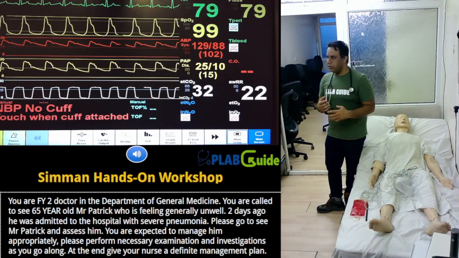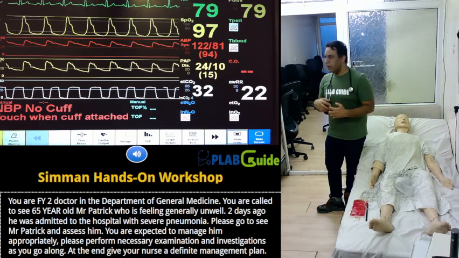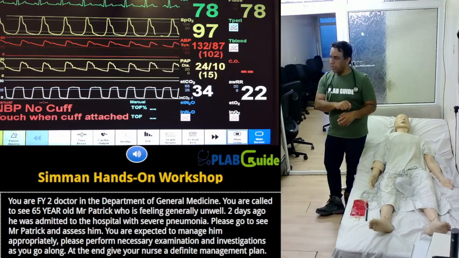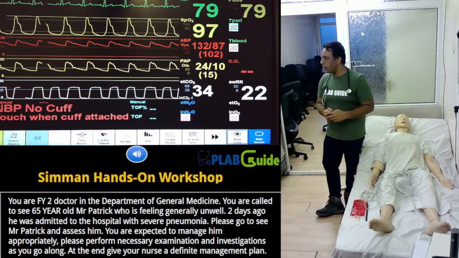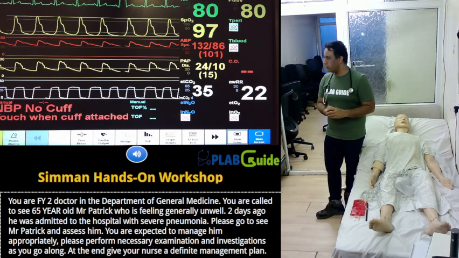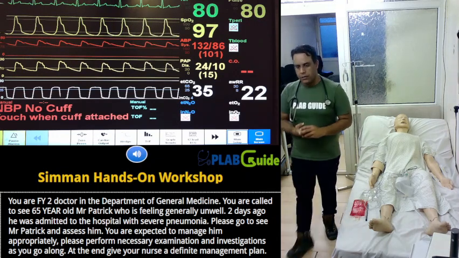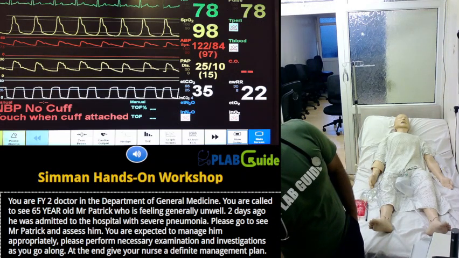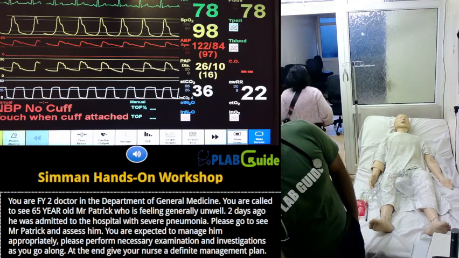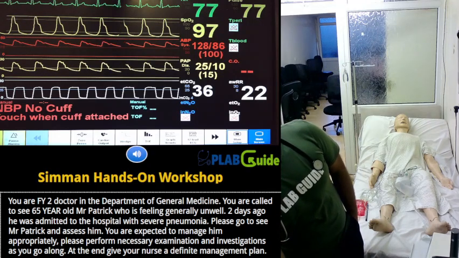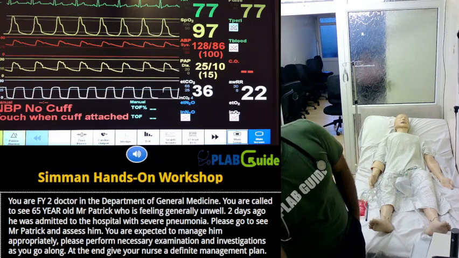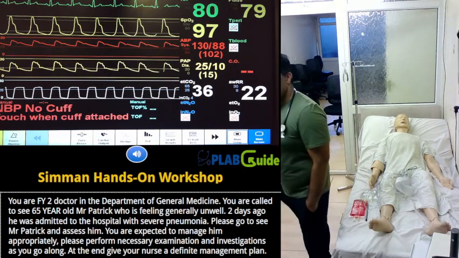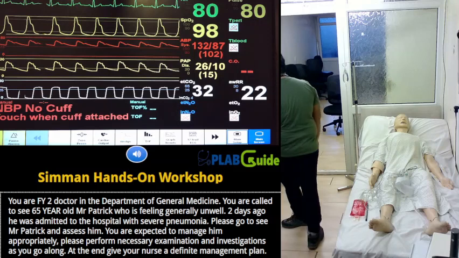So if the patient has bradypnea, you can examine the pupil as a part of B. Does it make sense?